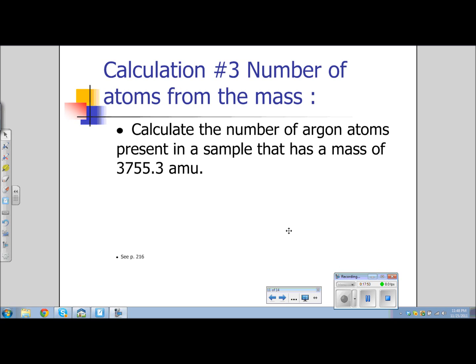Now, we'll discuss that one tomorrow. For this next problem, we're going to calculate the number of argon atoms present in a sample that has a mass of 3,755.3 AMUs.